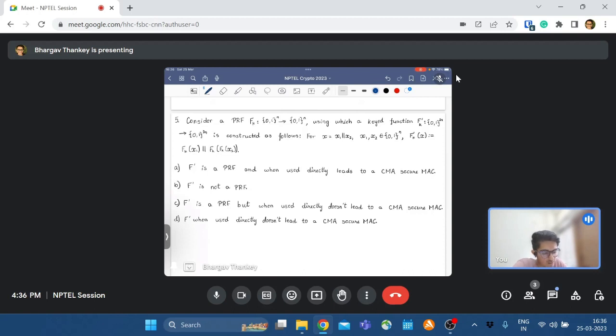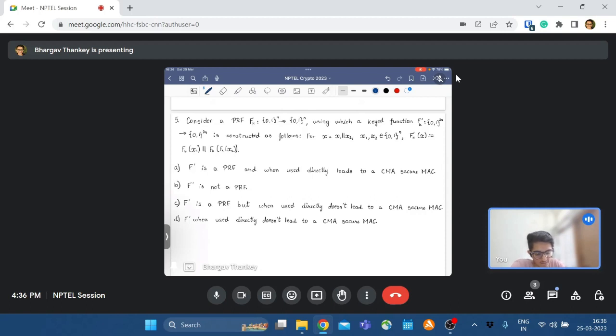Suppose we have an x which is x1 concatenated with x2, where x1 and x2 are both n-bit strings. Then f prime k of x is defined as f_k of x1 concatenated with f_k of x2. So this is how f prime k is defined.